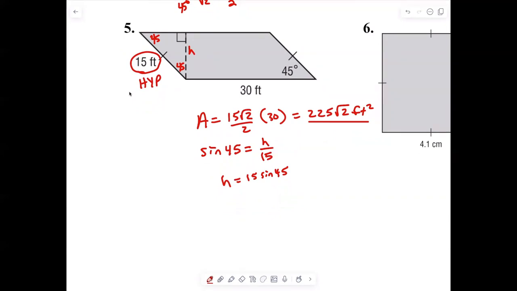Anybody have any issues? How did you know it was sine? Here's the 45, opposite and hypotenuse.